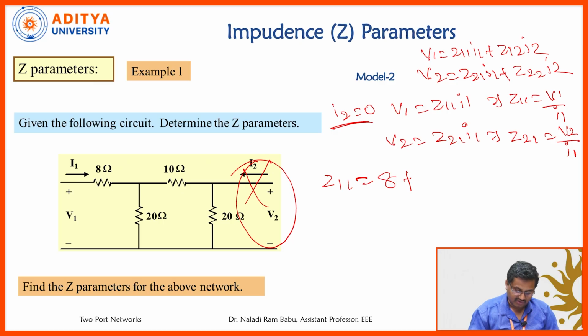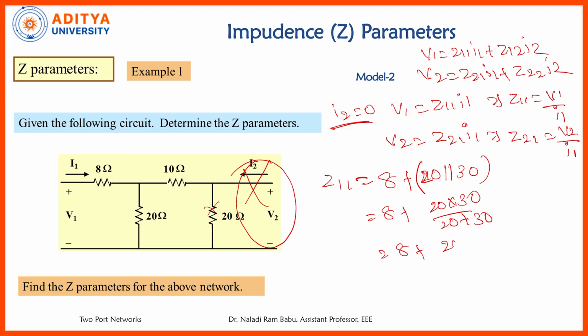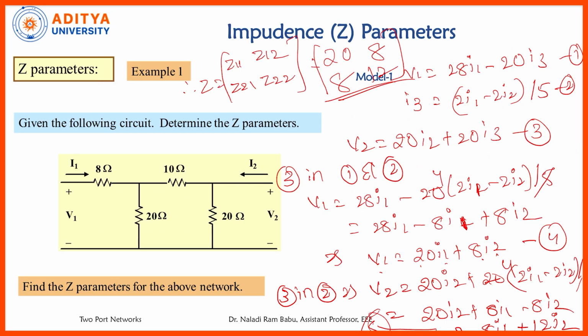In this no current is flowing through it, that means here also no current flows, that means 20 parallel with 30. 8 plus 20 into 30 by 20 plus 30, 8 plus 20 into 30 by 50, 5 ones are 5, 5 fours are 20, 8 plus 12, that is equal to 20 ohms. If you observe, our first method gave the same result.